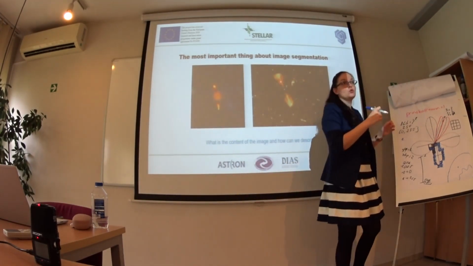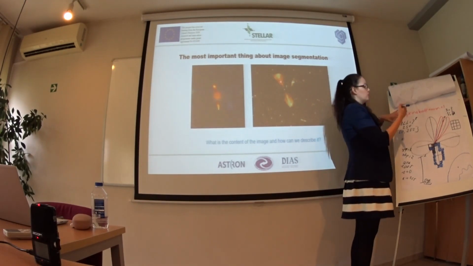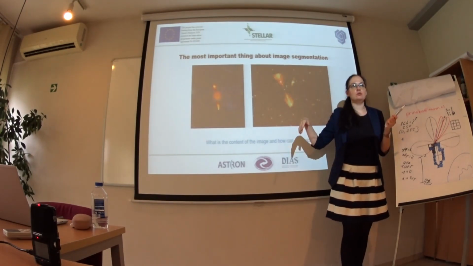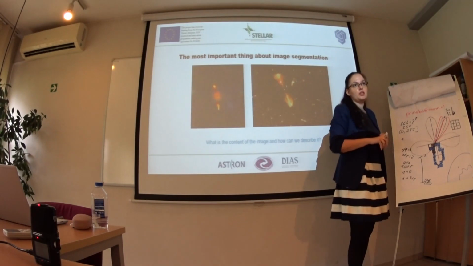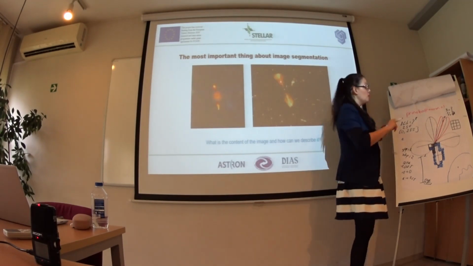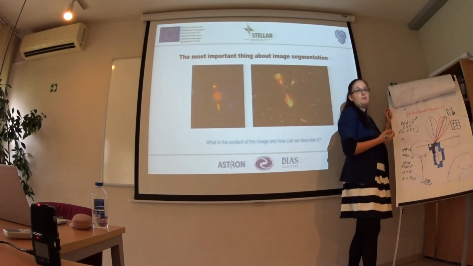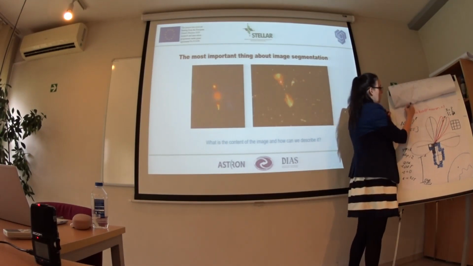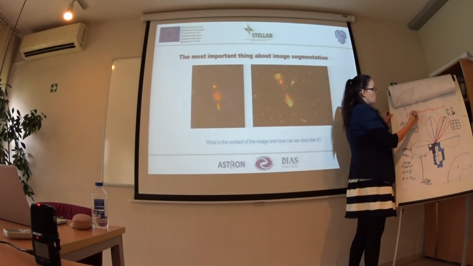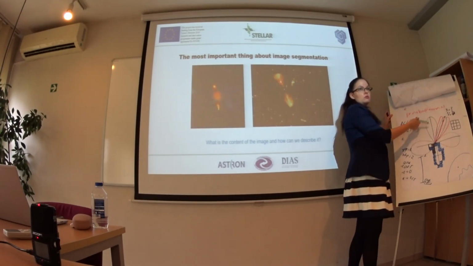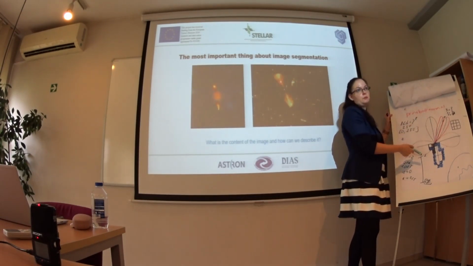Because we will see a lot of segmentation algorithms. You need to start first with what you have and try to enumerate them from the most important through the less important.